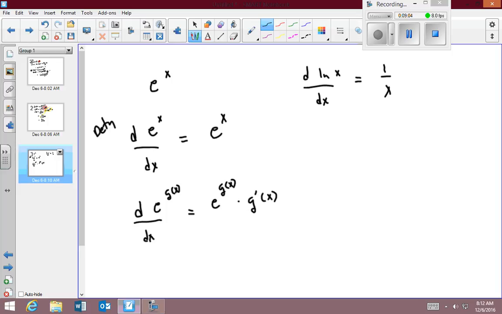It's just like when we did d of ln of g of x over dx, we did 1 over g of x, then the derivative of g of x. So it's the same concept.